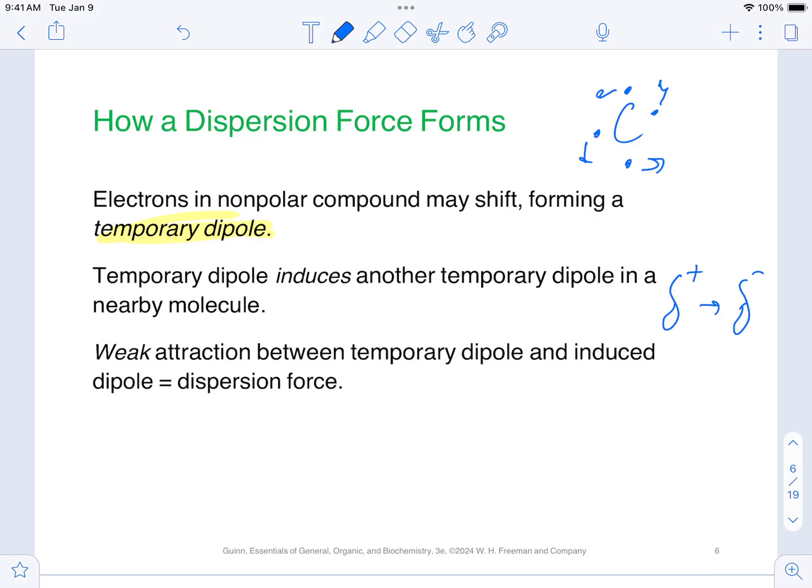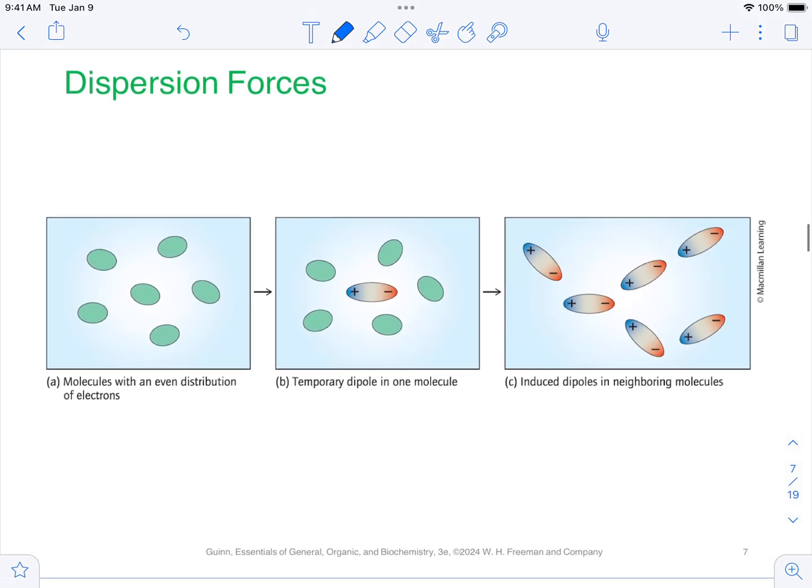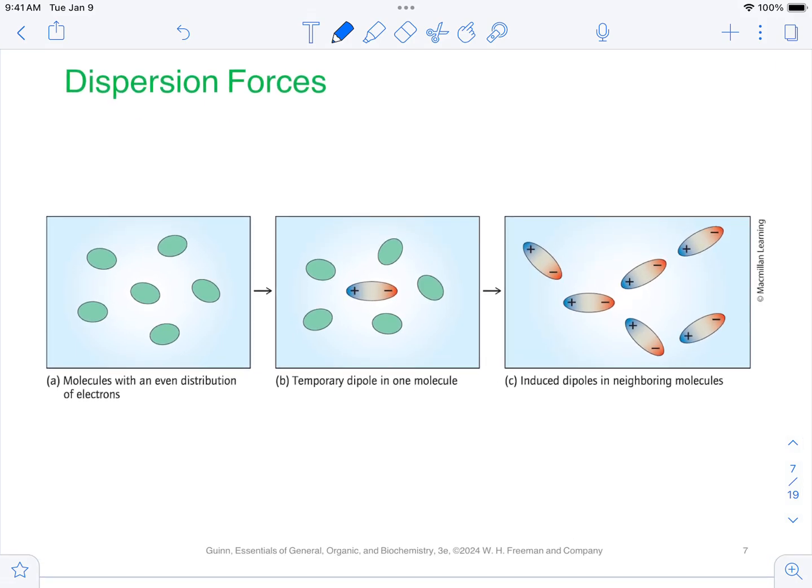Again, this is the weakest of the attractions, LDFs. Every molecule has these. You do not have to think about it. So letter A here to the left, if you have an even distribution of electrons, you can see it's all separate. There are no dipoles. There's no pluses or minuses. This would be like a nonpolar molecule.